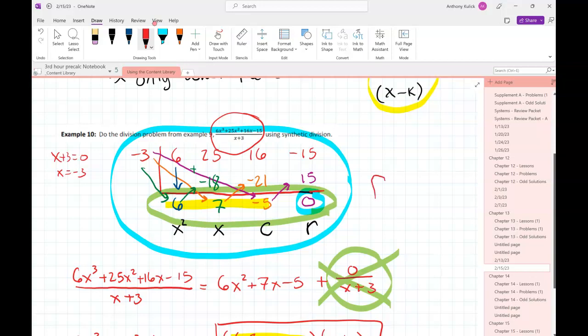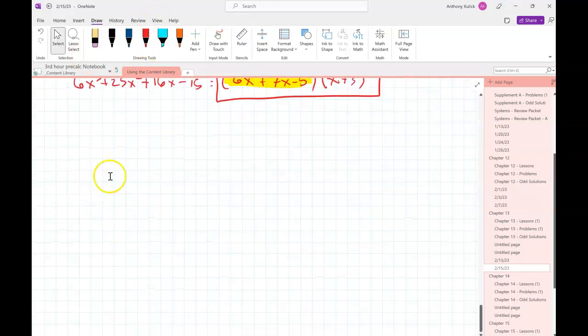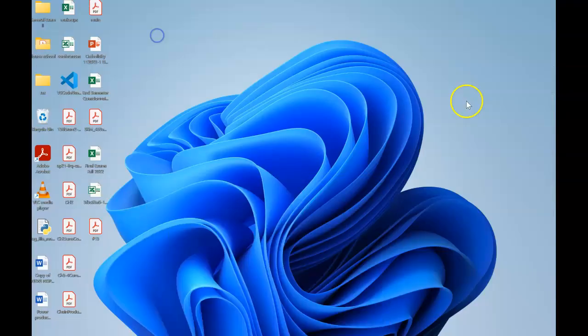Or you could think about this as just f of negative 3, right? That last output is the same thing as the value when we make our substitution. So you can use the same process to do something like the following.